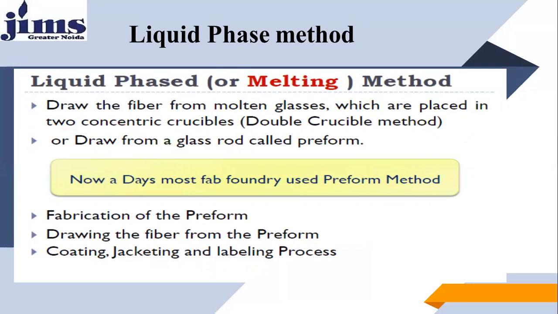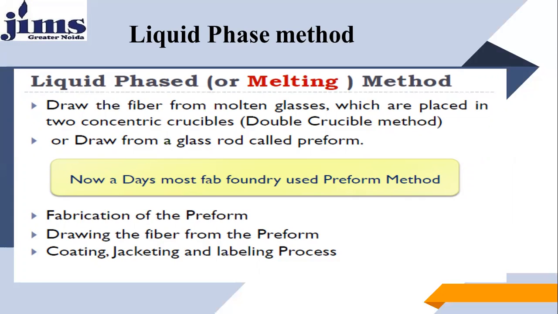Liquid phase method. In this particular method, we should have molten glass. The glass should be in a molten state. After that, you can take this molten glass and any shape that you want becomes possible, and it is only possible when you have glass in a molten state.